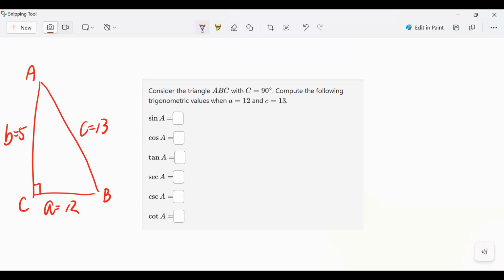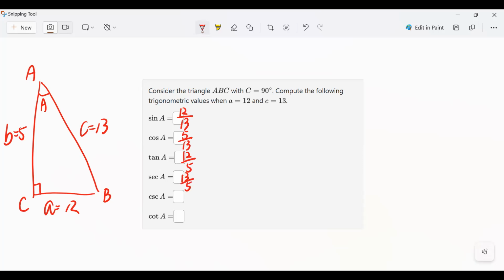So sine A, this is angle A. Sine A is opposite over hypotenuse, so it'll be 12 over 13. Cosine A is adjacent over hypotenuse, 5 over 13. Tangent A is opposite over adjacent, so 12 over 5. Secant A is hypotenuse over adjacent, so 13 over 5.